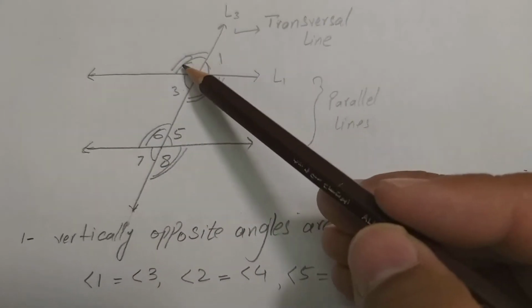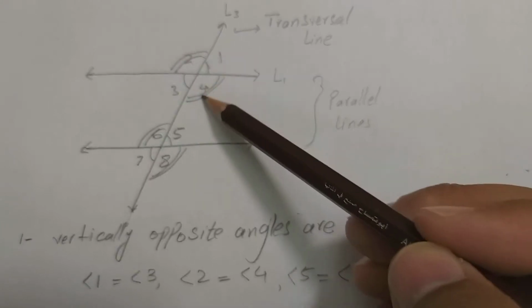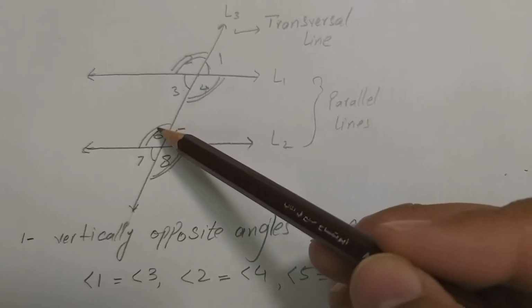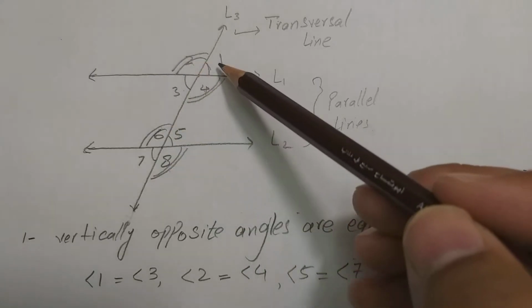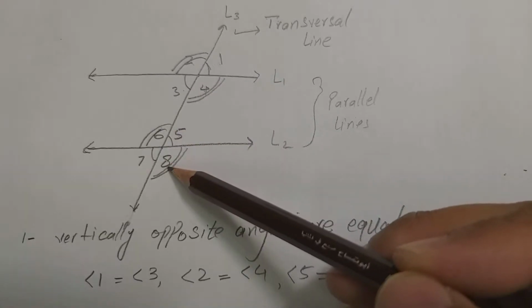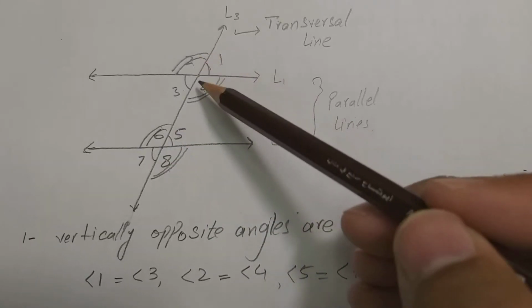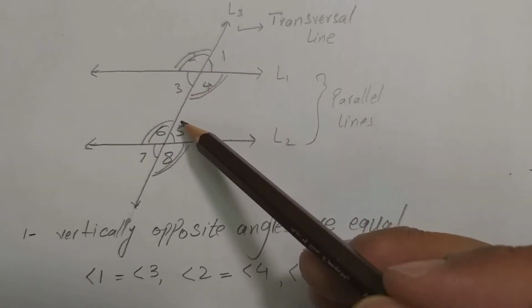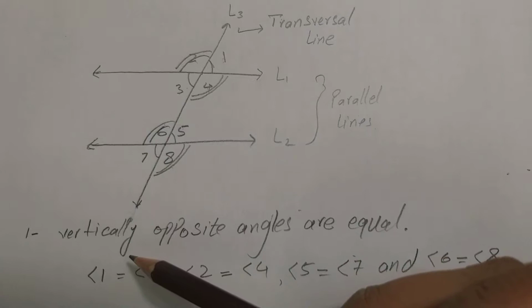And if you observe the other angles, they are equal to each other. So it means angles 2, 4, 6 and 8 are equal, and 1, 3, 5 and 7 are equal.